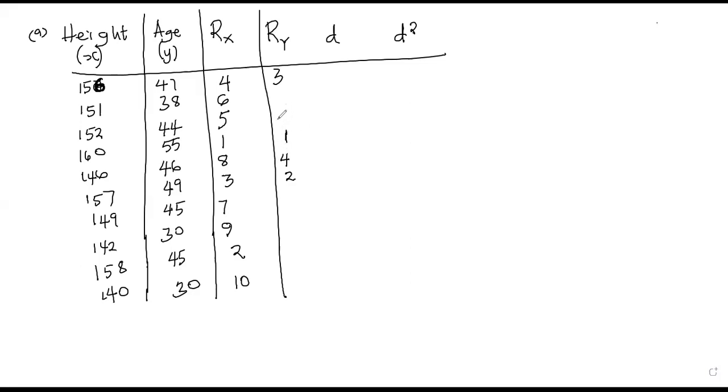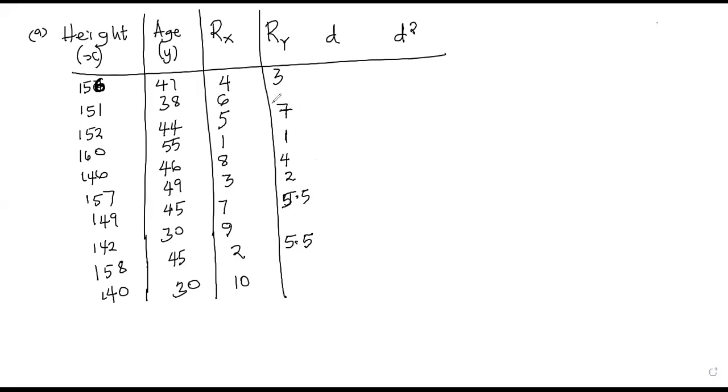We have 5.5 here and 5.5 there. Then 44 will take rank 7.